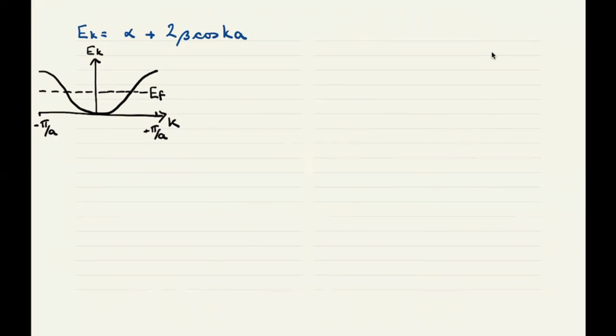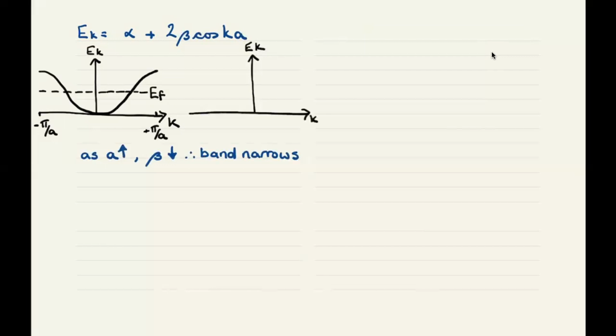Now let's think about what happens if we move the atoms further apart. As we increase the spacing, the atoms are further apart, then the interaction strength between them goes down and the band narrows. So we still have the same cosine form of E of k as a function of k, running over the same minus pi over a to plus pi over a range.